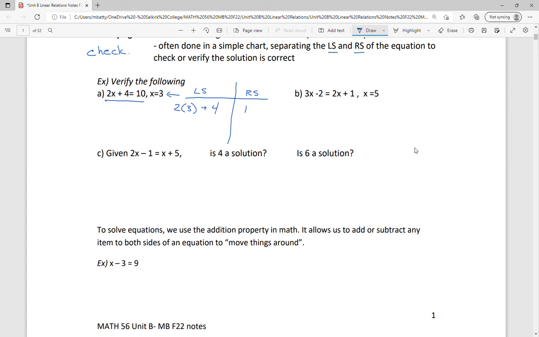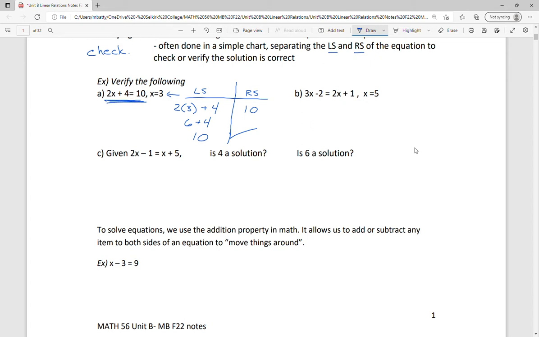The right side is just 10. What I'm hoping is that the left side equals the right side, and this checks out. So 2 times 3 would be 6, plus the 4 equals 10, and everything is awesome. So that means that 3 is a solution. We've verified the solution for this equation.